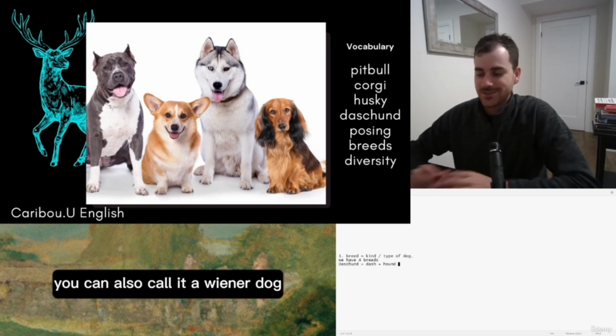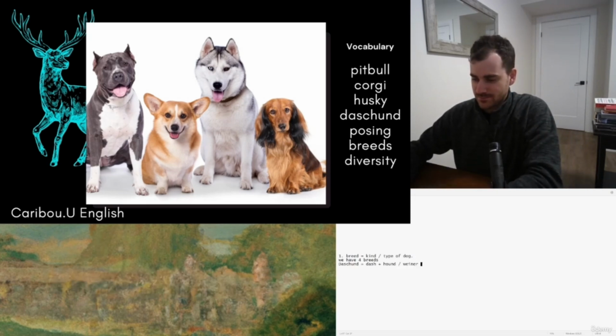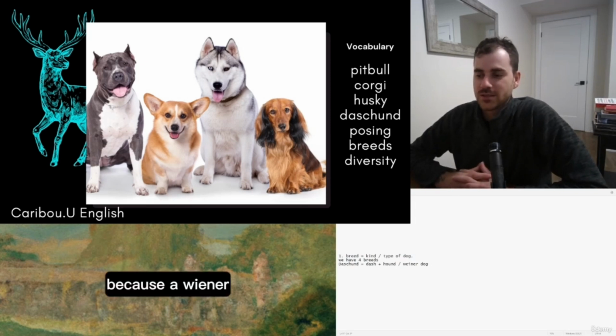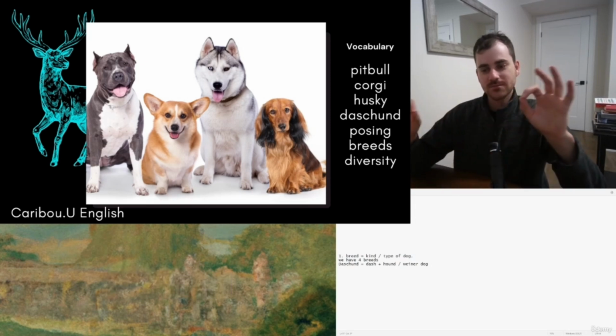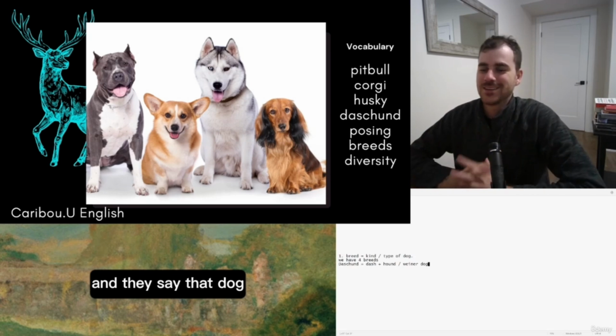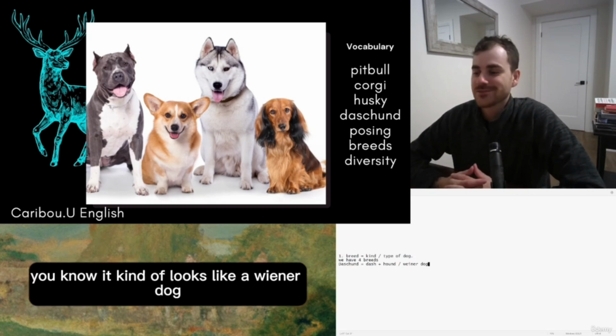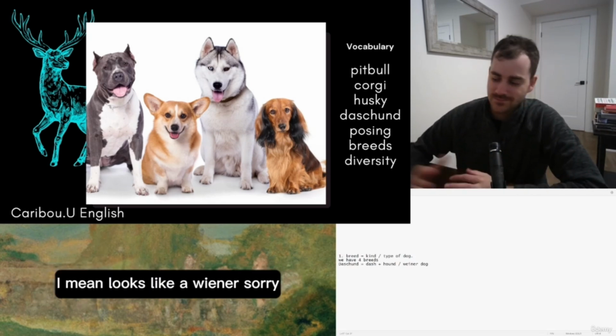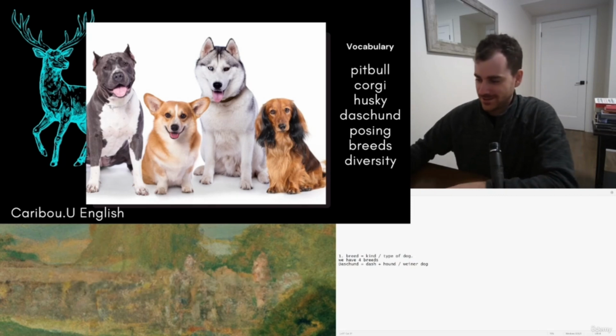And the funny thing is, you can also call it a wiener dog, because a wiener is like a hot dog, and they say that dog kind of looks like a wiener. I mean, it looks like a wiener dog, sorry.